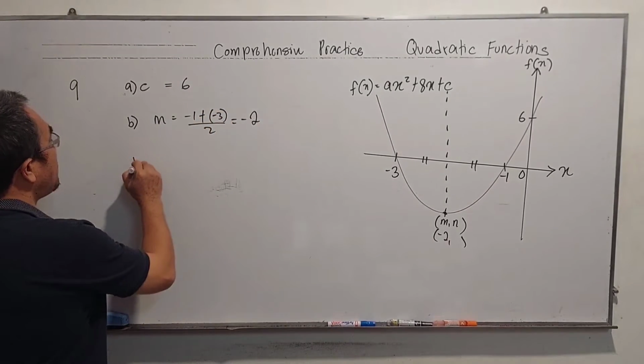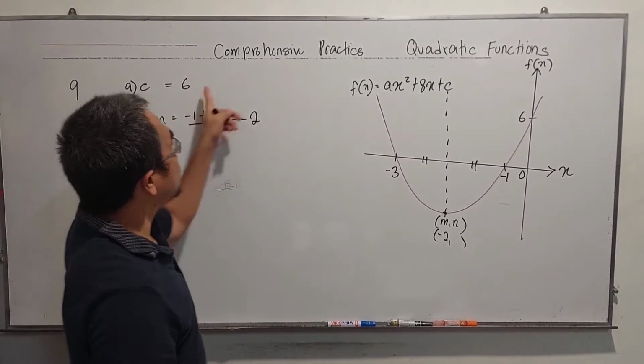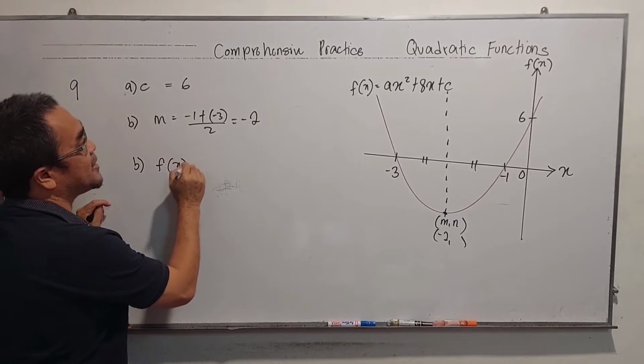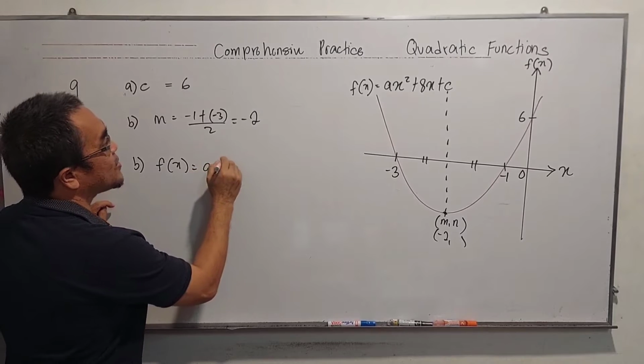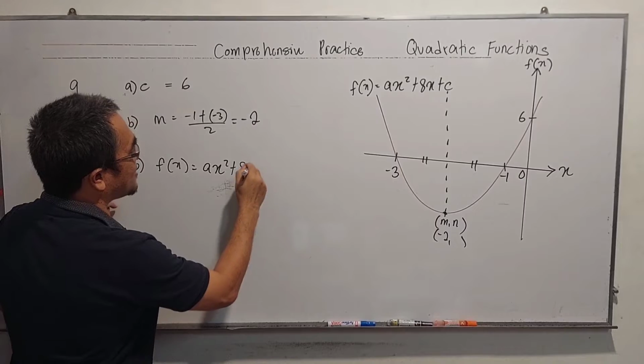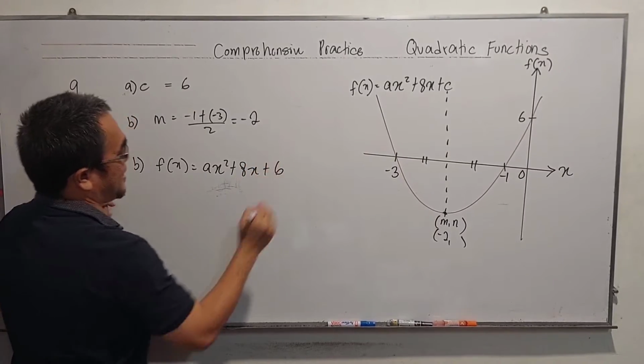Before you can answer that, since you know the value of c is 6, you should replace it: f(x) equals ax squared plus 8x plus 6.